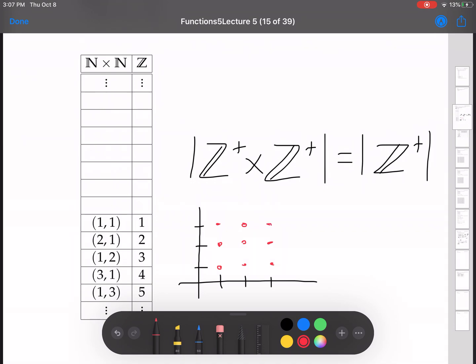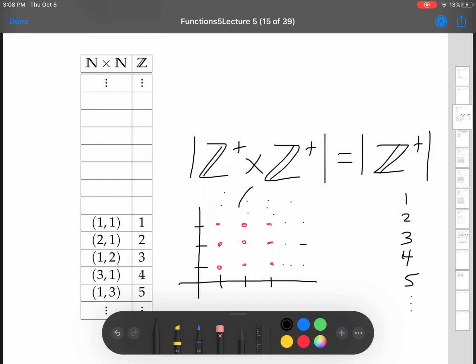All right, so we have these dots, right, and this is Z cross Z, all these dots going out to infinity, like so. And then Z plus was 1, 2, 3, 4, 5, dot, dot, dot, like so.